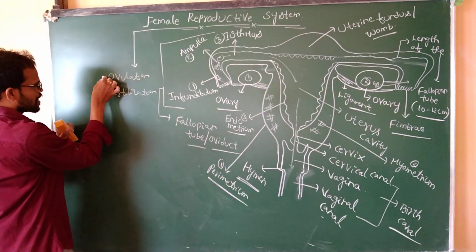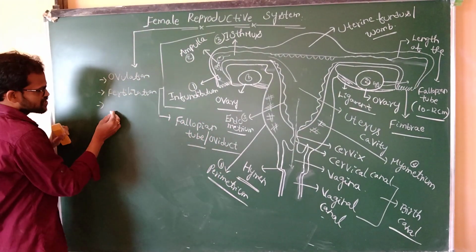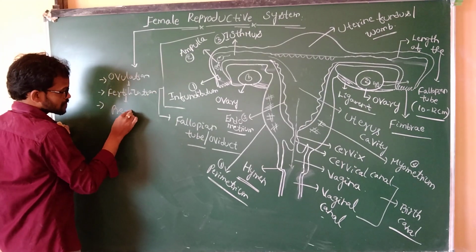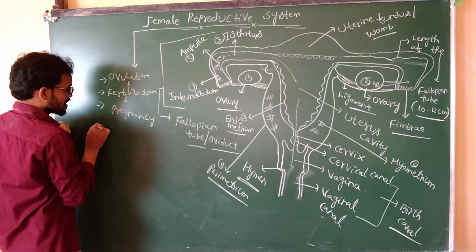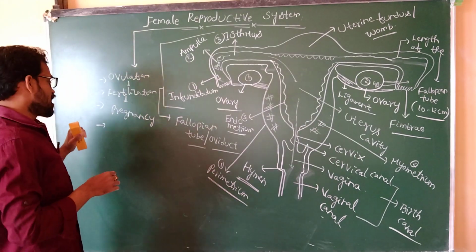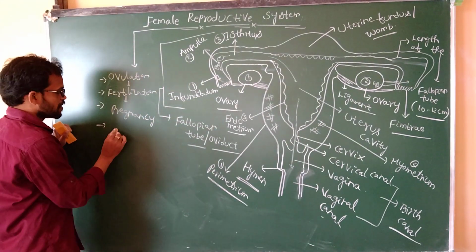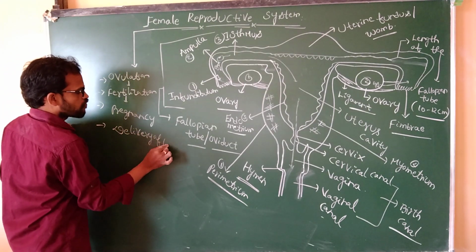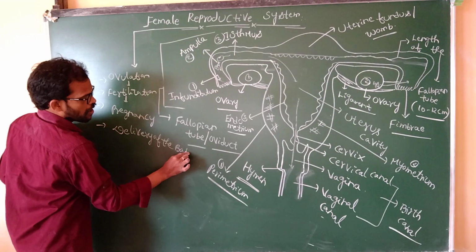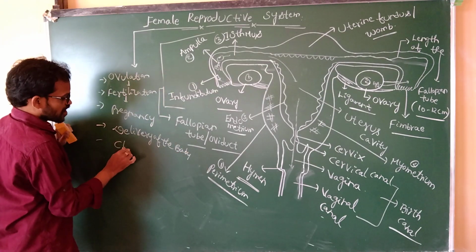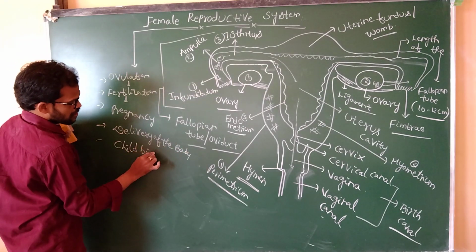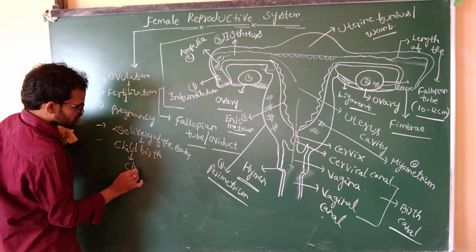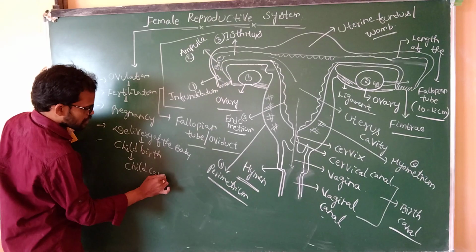Now, what is the important role of the female reproductive system after ovulation, fertilization and pregnancy? After the delivery of the baby, that is childbirth, comes child care.